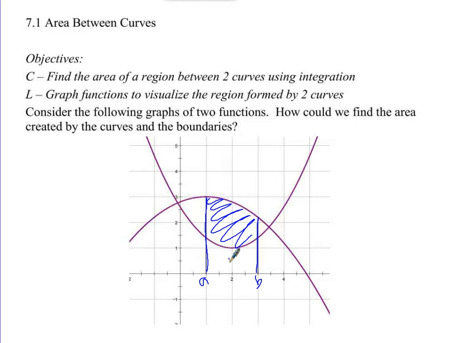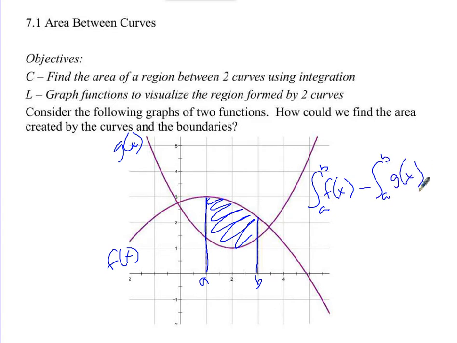So how could I write that? Is there a way I could express that using calculus? If I call this one f of x and this one g of x, then what is it? We need a dx in here.